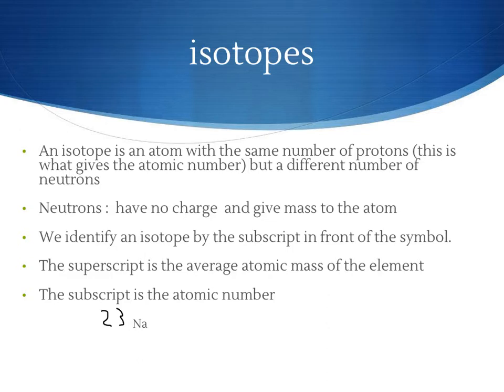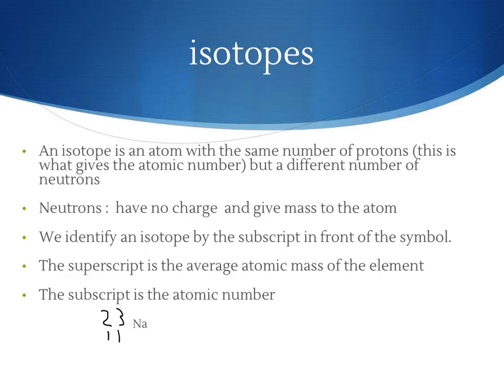So that's telling us the mass for each one we're looking at. At the bottom, the subscript is the atomic number, the number of protons. So here I would be looking at sodium, and the number of neutrons would be 12, because 23 minus 11 gives us the number of neutrons.